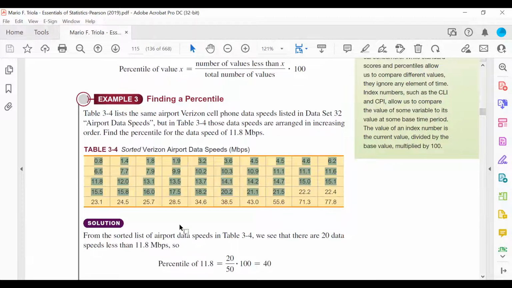I believe that's 30, 31, 32, 33, 34, 35, 36, 37. There's 38. There are 38 numbers before 22.2. So that would be 38. I'm going to divide by 50, which is the total amount of numbers in my box. And I'm going to multiply by 100.